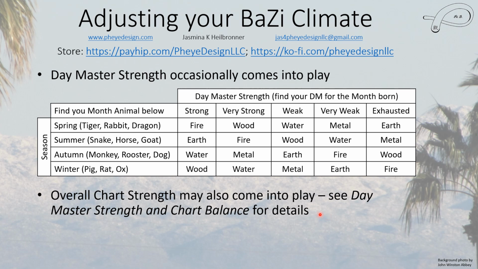Now, also the overall chart strength may also come into play. So there, I have the video that talks about day master strength and chart balance, tells you both things in the same video. If you need to understand that, you can watch that. But the free BaZi calculator website, I think it will tell you the overall strength.